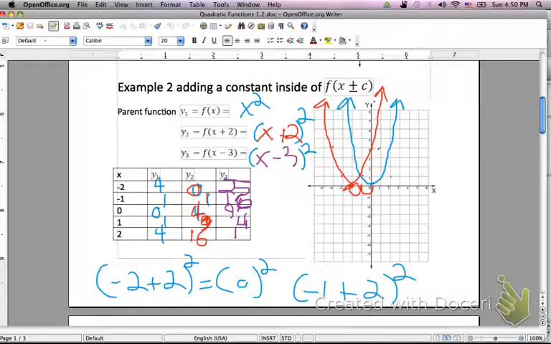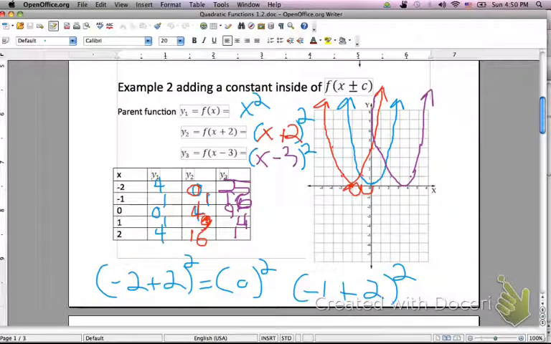And you should probably be able to predict at 3 what value we would have. You could calculate it really easily, but you could also predict based on the way our function's been going that at 3 we'll have 0, and then at 4 we'll have 1, and we'll start going up again. So we get something that looks like this, and at 5 we would have 4, and up like that.